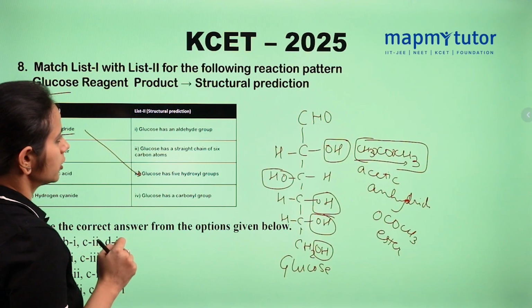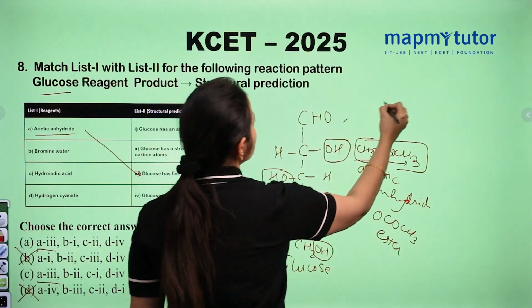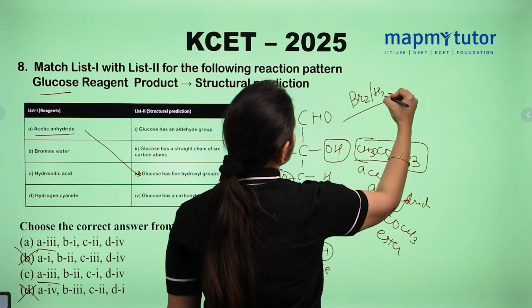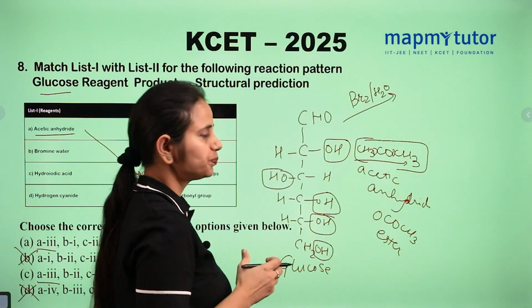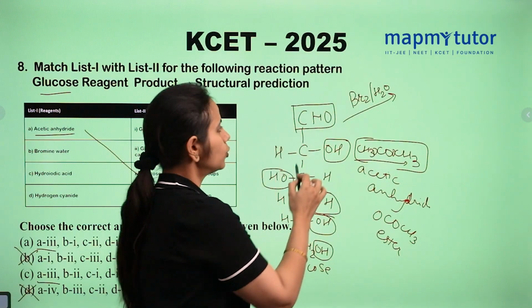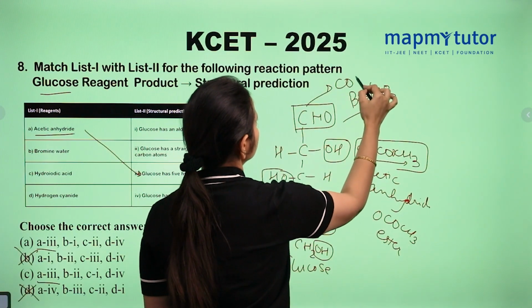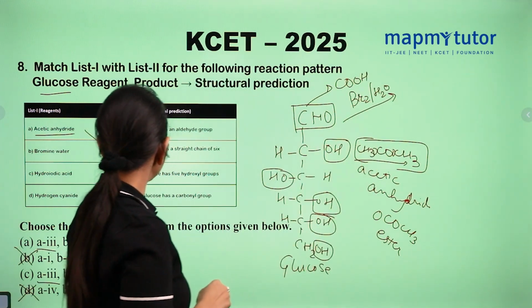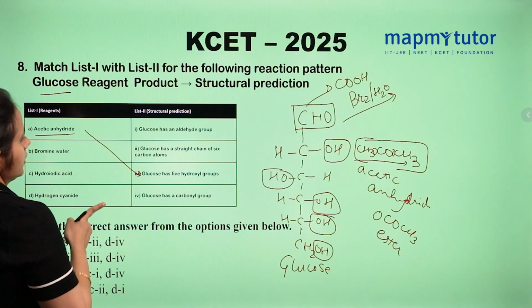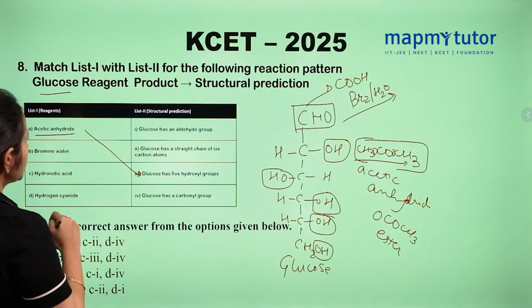Next is bromine water. What will happen if we react glucose with bromine water? Yes, it will convert the aldehyde group into acid. From this we get to know that an aldehyde group is present.